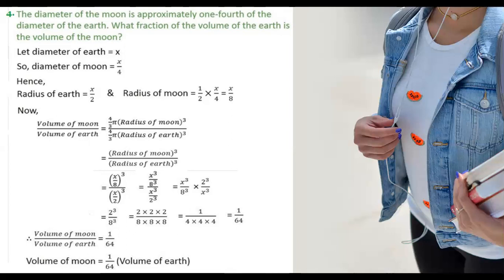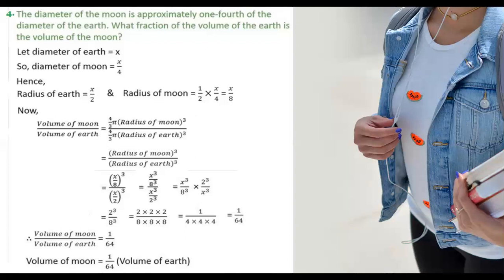So now volume of the moon by volume of earth is 4 by 3 pi times the radius of moon cube, by 4 by 3 pi radius of earth cube. So here radius of moon cube by radius of earth cube, because 4 by 3 pi and 4 by 3 pi will get cancelled.